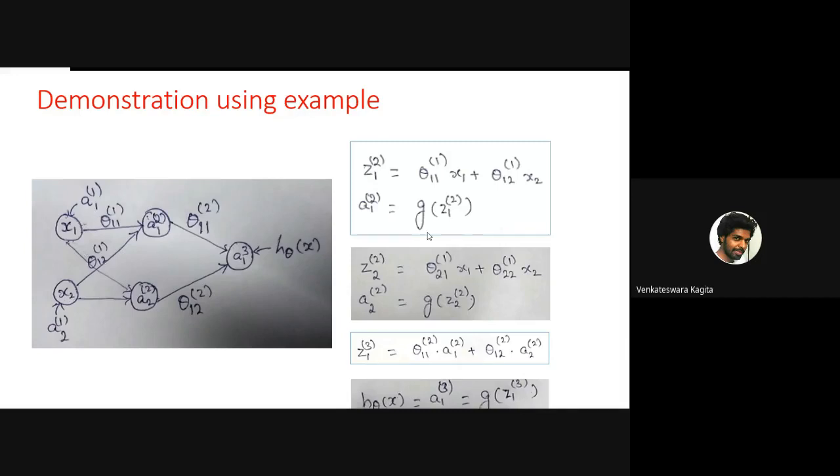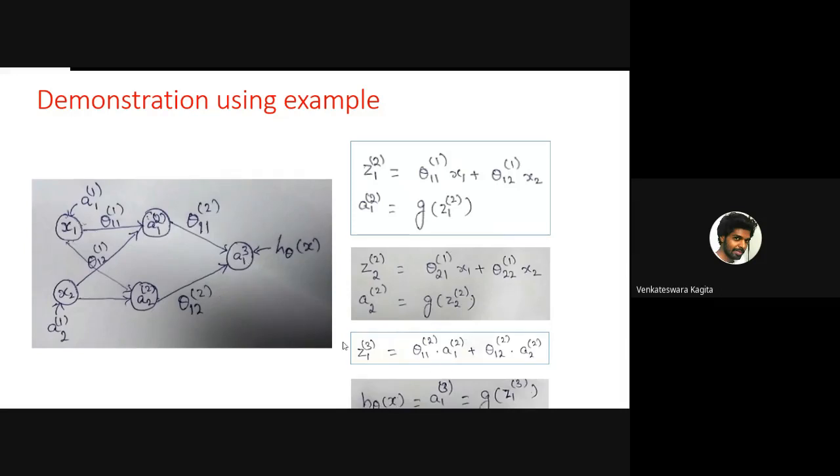I can compute the net sum here using theta_11^1 x1 plus theta_12^1 x2, and I pass this to the sigmoid function to get this activation unit. Similarly, I take these two inputs with different weights, take the net sum and pass it to the sigmoid function, and I get the activation unit A_2^2. Now I have different weights with these inputs A_1^2, A_2^2, and I can compute A_1^3.